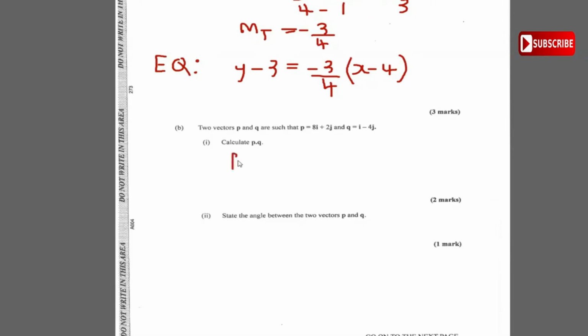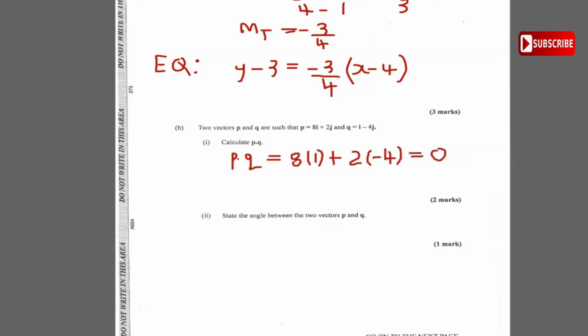Now P dot Q is going to be equal to 8 times 1, multiply our i components, and then add it to the sum of the product of our j components, which is plus 2 times minus 4. Now 8 times 1 is 8, plus 2 times minus 4, the dot product is 0.